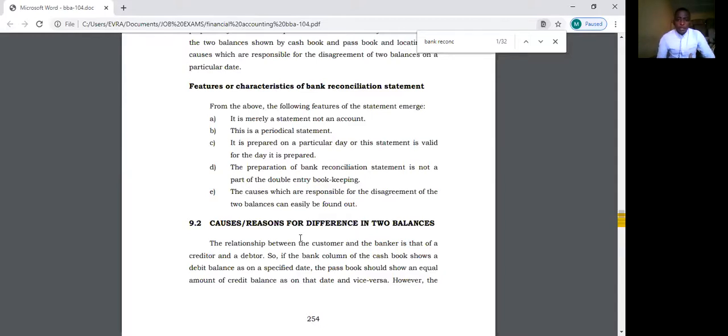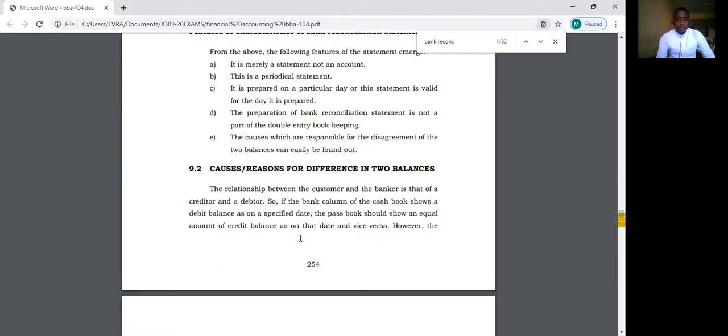The preparation of a bank reconciliation statement is not a part of double entry bookkeeping. Do you understand? Another characteristic: the causes which are responsible for disagreement of the two balances can easily be found out. For bank reconciliation, it is easier to get the cause of that disagreement.